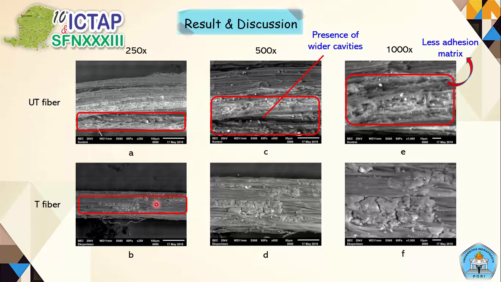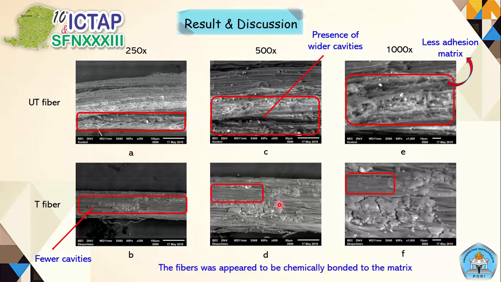In figure B, of the agave fiber treated by immersion in 5% alkaline sodium hydroxide solution, fewer cavities were observed, and the fiber appeared to be chemically bonded to the matrix. This is what makes the agave fiber composite soaked with alkaline have higher strength. And we can see in figures D and F that the fiber appeared to be chemically bonded to the matrix.